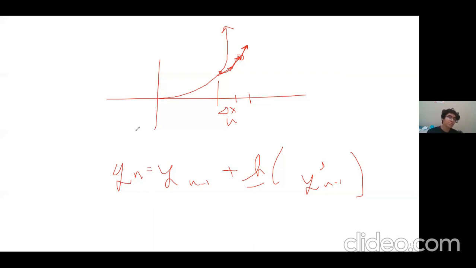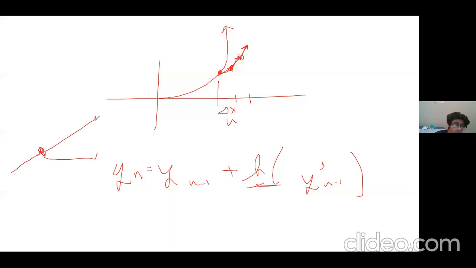Okay. So we think this value right here is simply this value plus the slope times the time it takes. And why it's important to have this time factor is because if this is your y sub n plus 1, and this is your tangent line, you have to know how much time has elapsed between this y sub n minus 1 and the next, and the y sub n.